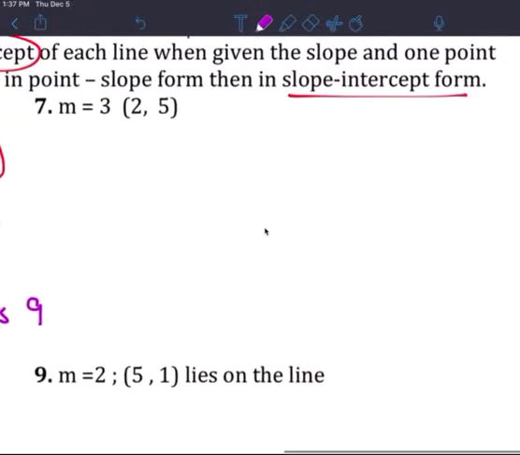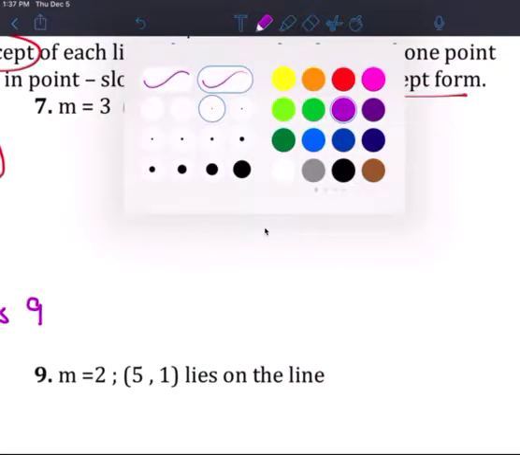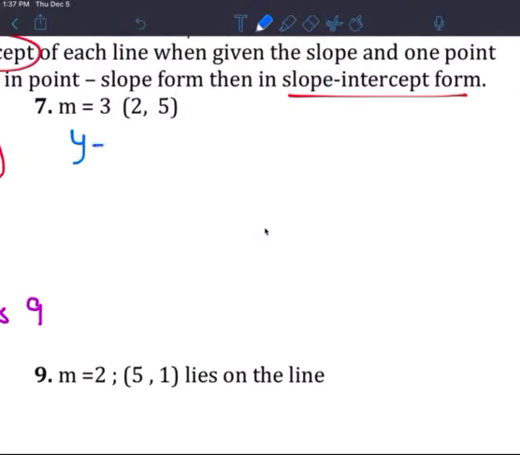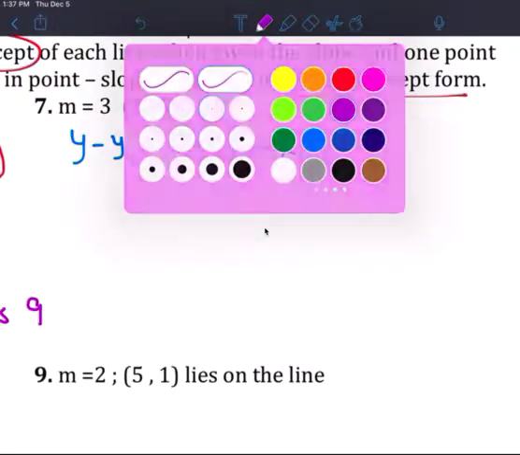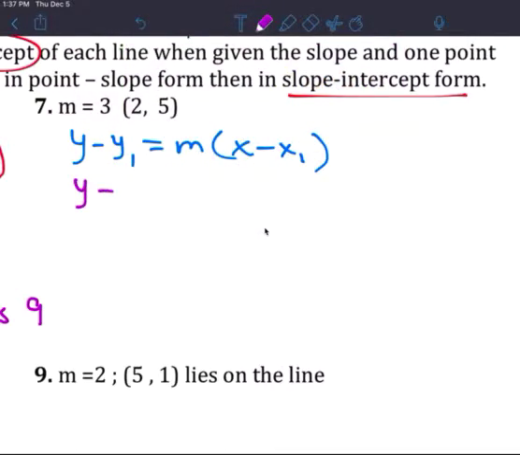Okay, number 7, same thing. Start out with the formula, because when you first learn, you need to write the formula, otherwise you'll forget. Most of you forget fast anyway, so it doesn't hurt to write the formula each time. Y minus y sub 1, it's x sub 1, y sub 1, 5 equals m is 3, parentheses x minus 2.